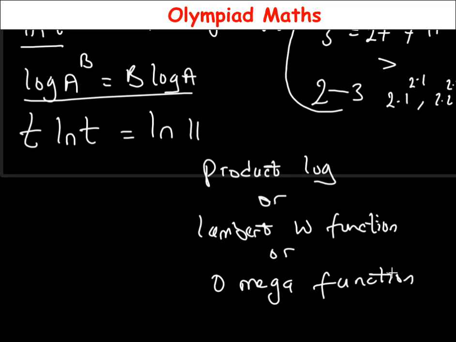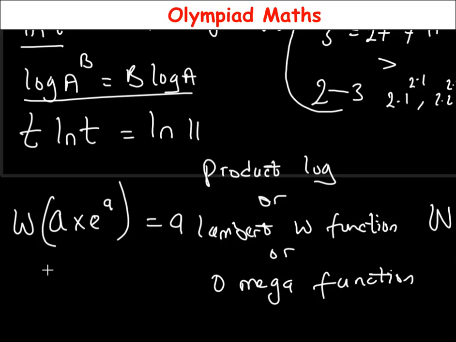Now you might be wondering, what is all this about? Let's say you have an expression in this format, a times e raised to power a, and you want to simplify this. Once you introduce the Lambert W function into this expression, what you will get as the value is equal to a.